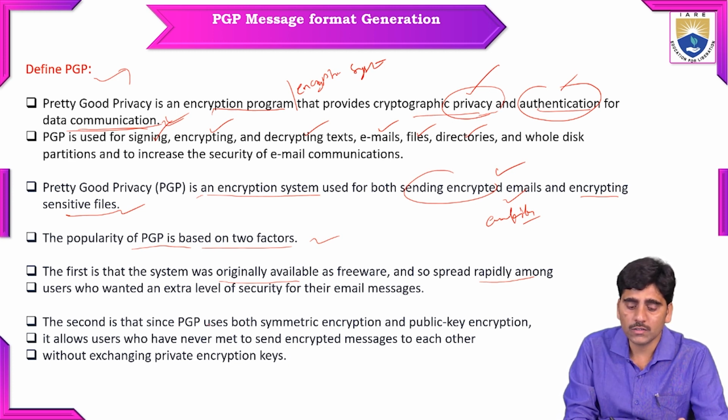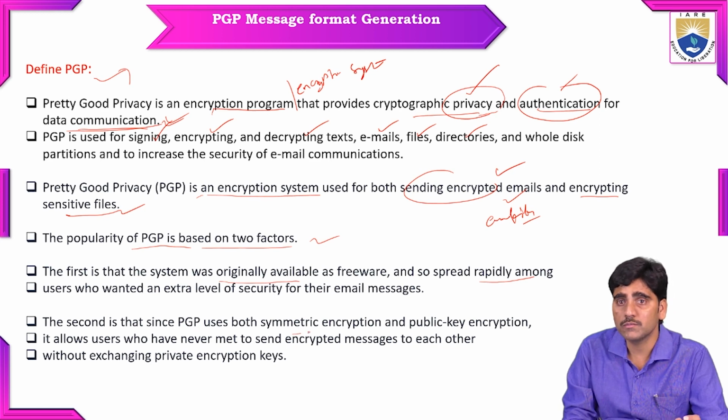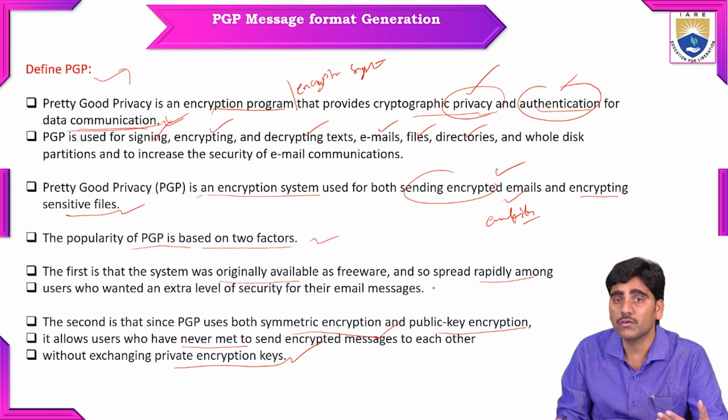The second is that since PGP uses both symmetric encryption and public key encryption, it allows users who have never met to send encrypted messages to each other without exchanging their private encryption keys.